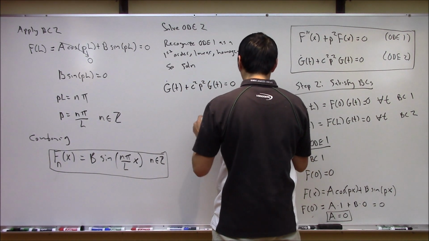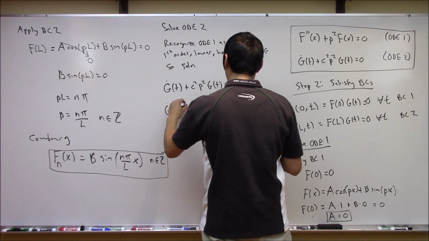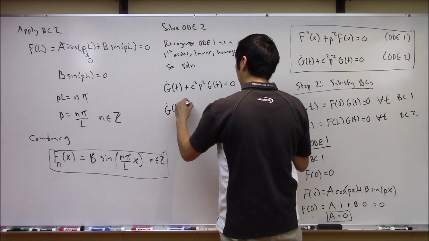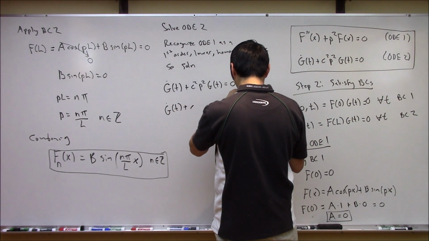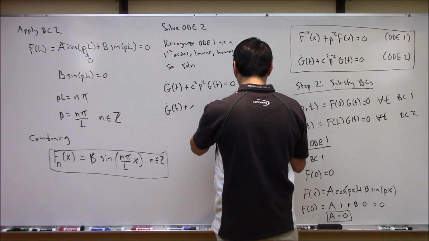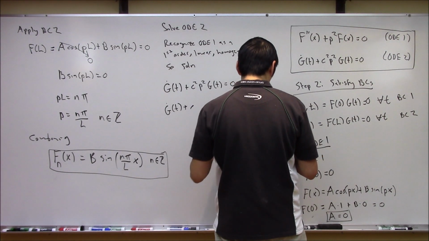Let's rewrite this. This is now g dot of t plus, wait a second, what did I do here? Okay, sorry, I got way too excited and jumped two lines.